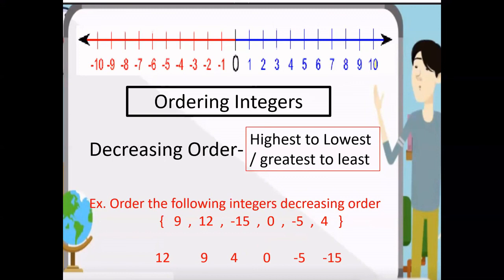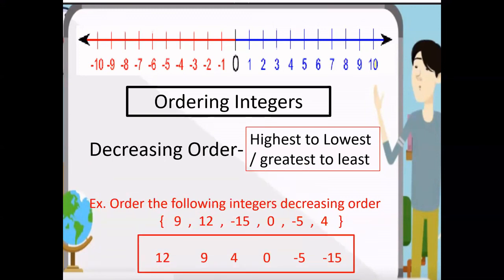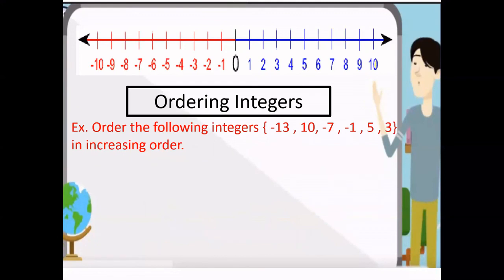Okay, so you got it. This is the decreasing order of these integers: 12, 9, 4, 0, negative 5, and negative 15. Okay, so now I will give you 10 seconds to order these integers into increasing order.